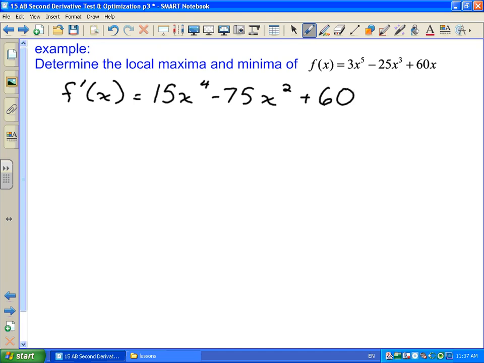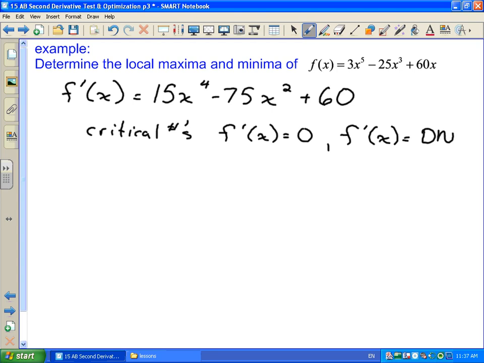And we're going to look for our critical numbers. Our critical numbers occur where f prime at x equals 0 and f prime at x does not exist.